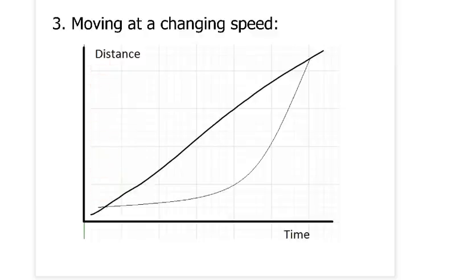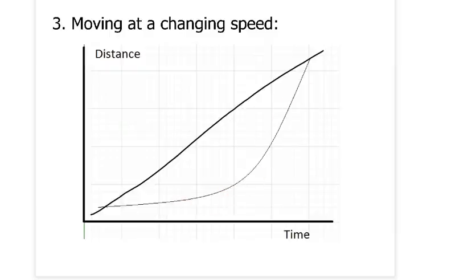The horizontal distance is how long it took. Remember, average speed is just concerned with where you start and where you end. It's not concerned with how the speed changes in between. So we could still calculate average speed there if we wanted to.